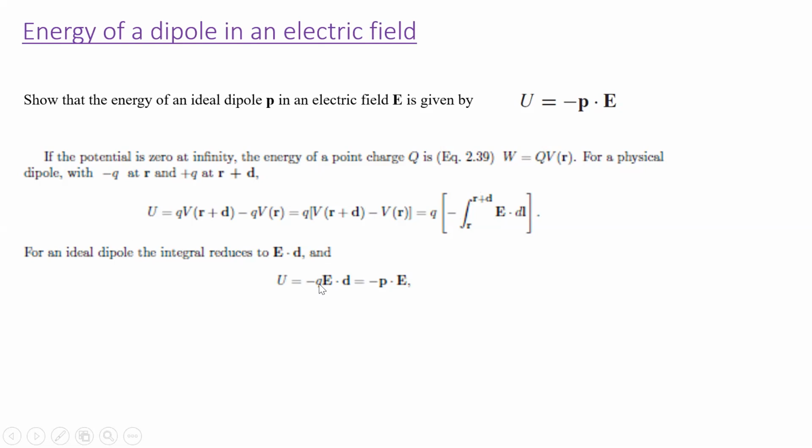Then we can just absorb the d into the Q, because Q times d is charge times distance, which is dipole moment, and we get minus p dot E.